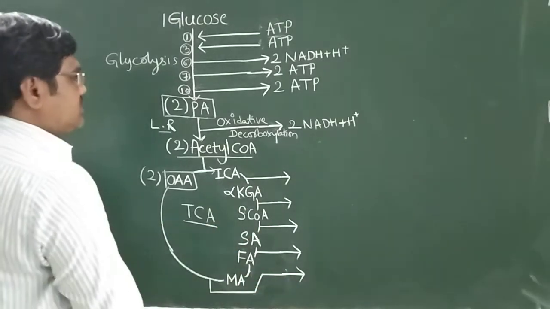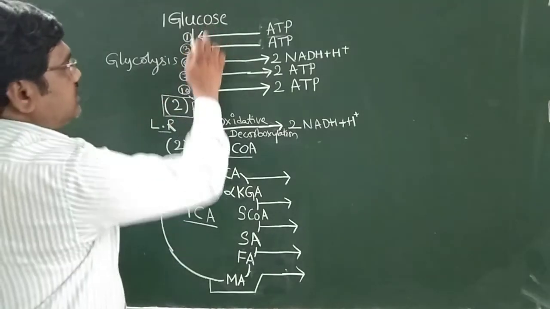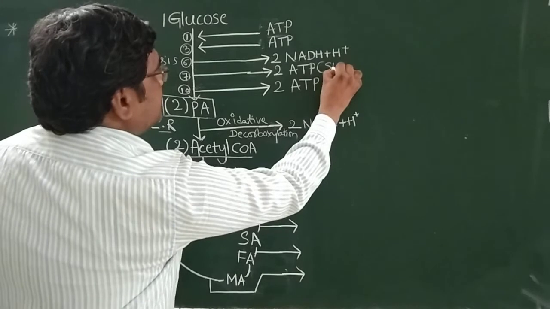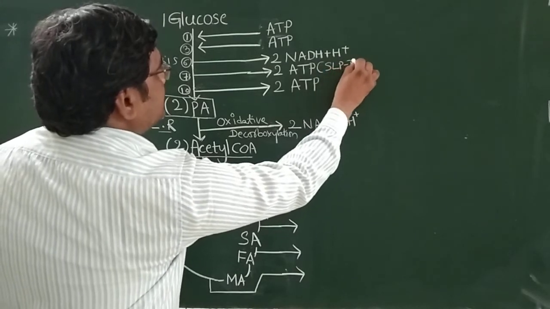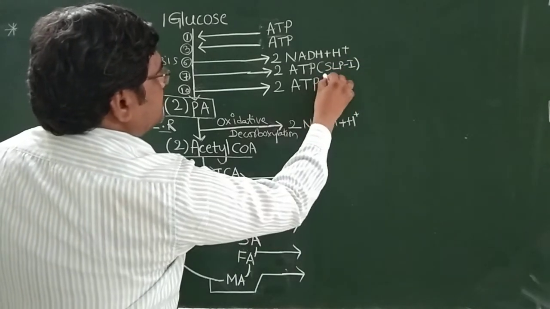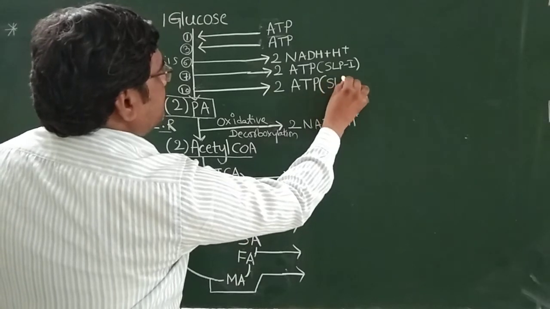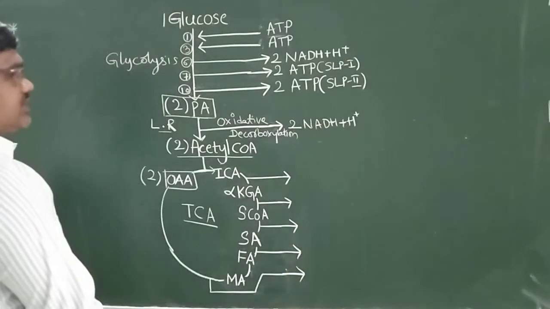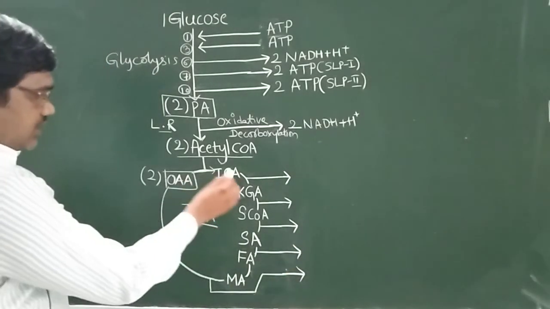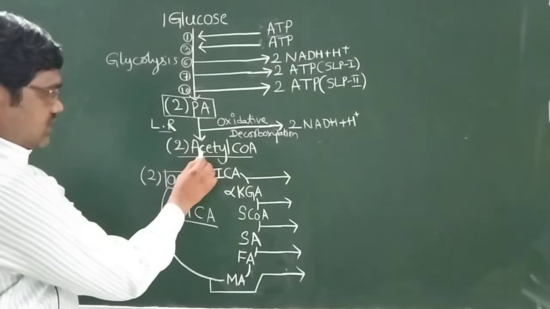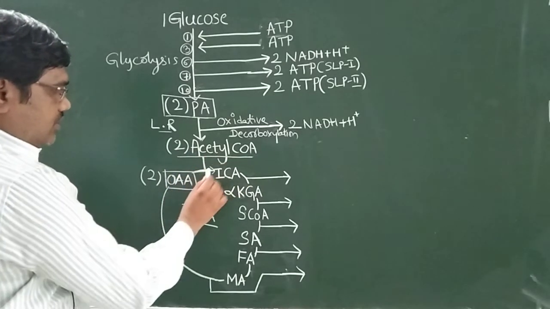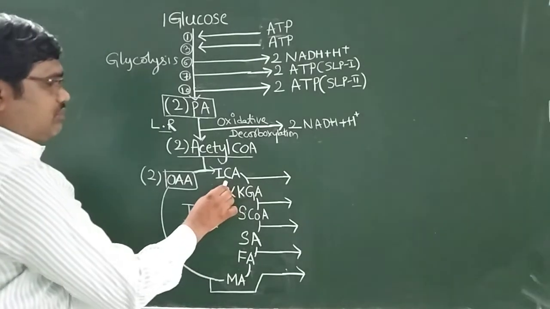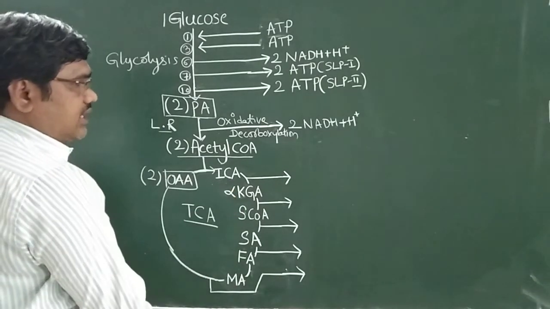Here during glycolysis this is substrate level phosphorylation 1, and this is substrate level phosphorylation 2. The first stable product in the Krebs cycle is called citric acid.